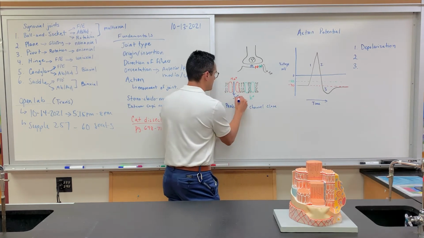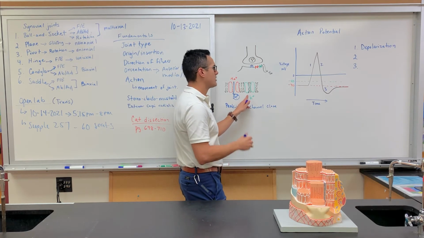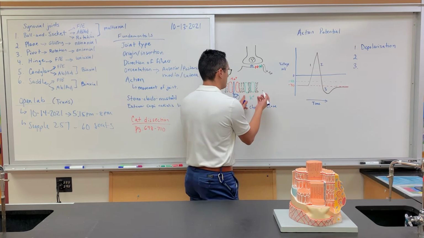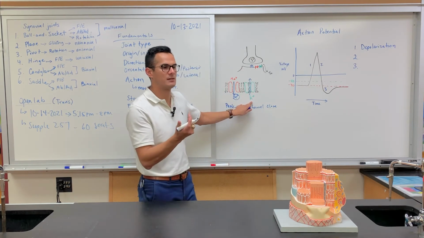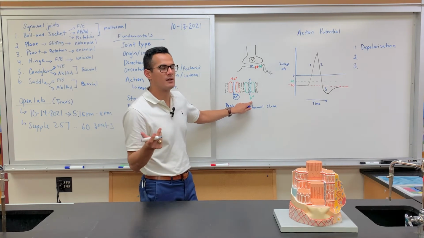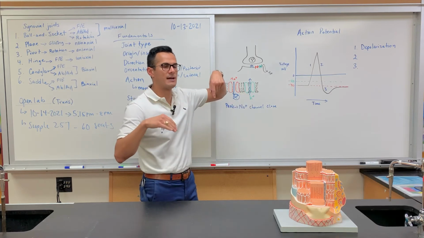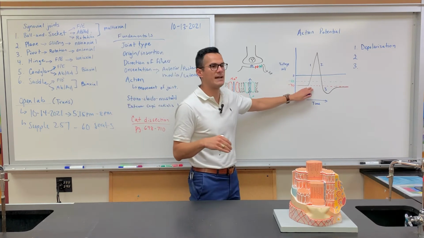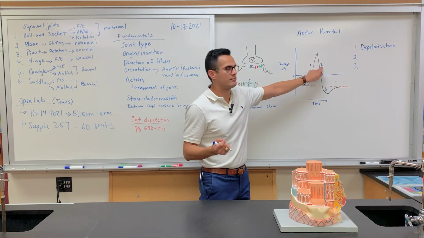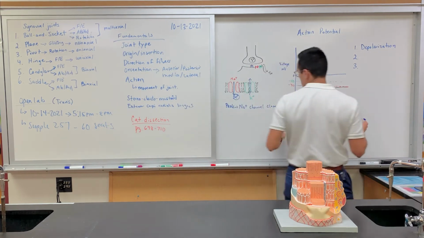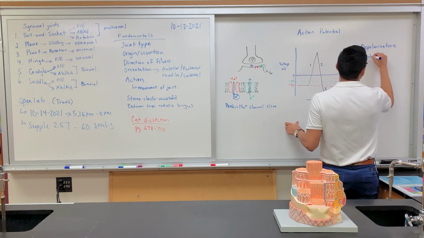So when the sodium channel closes, the potassium channel will open. And so when the potassium channel opens, the positive thing, which is potassium, is leaving. So if a positive thing is leaving, what's going to happen to the membrane potential? Yeah, it's going to go down, right? It's going to become more negative again because the positive thing is leaving. And so at point 2, we know this as repolarization.